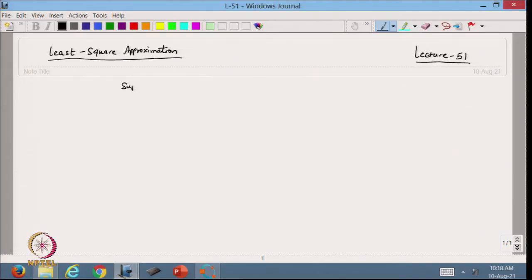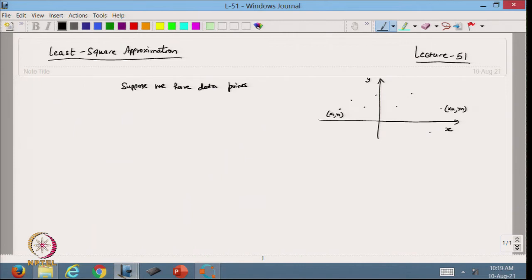We discussed that if we have some data points spread over the xy plane, suppose we have taken n data points, starting from x1 y1 up to xn yn.